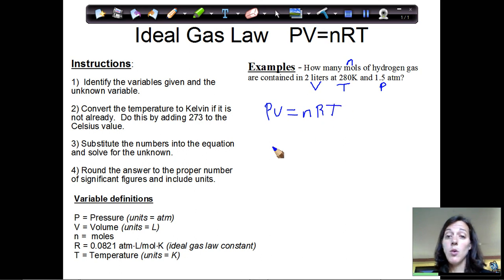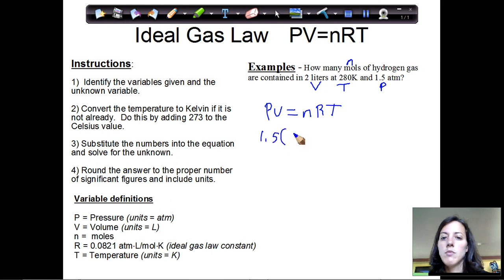So our ideal gas law, at this point you have 2 options. You can go ahead and solve this equation for n, or you can substitute the values in and then solve for n that way. Either one will work, and it is a personal preference. Whatever one you choose should work for you. I am going to put the numbers in now. P is 1.5.